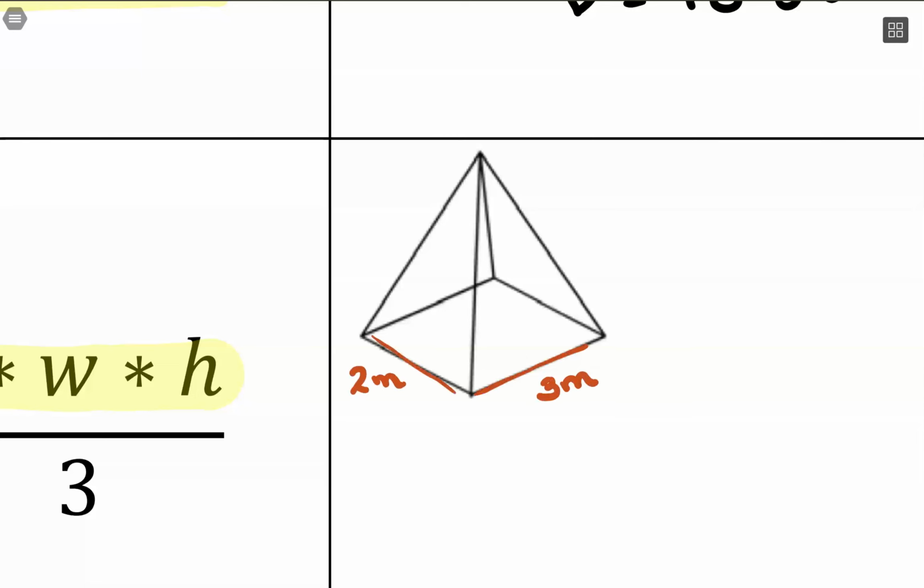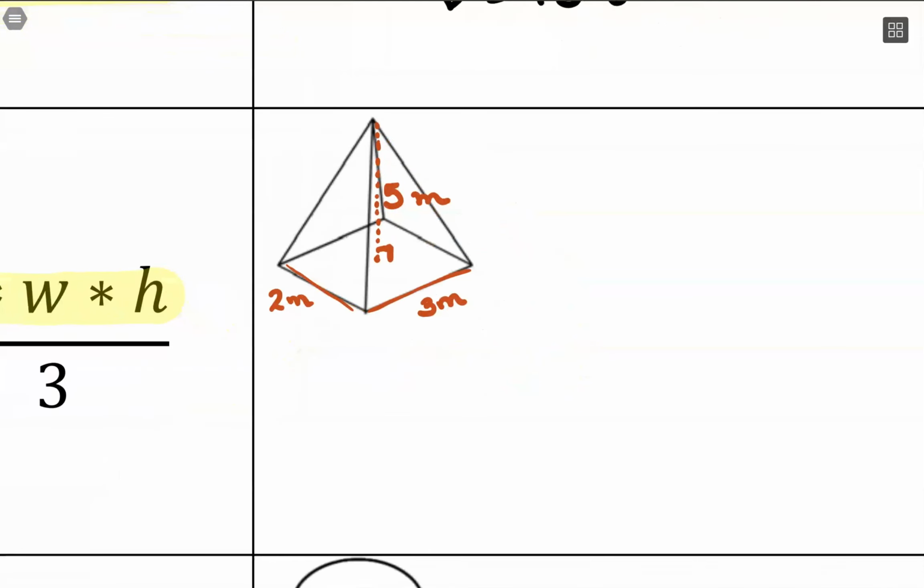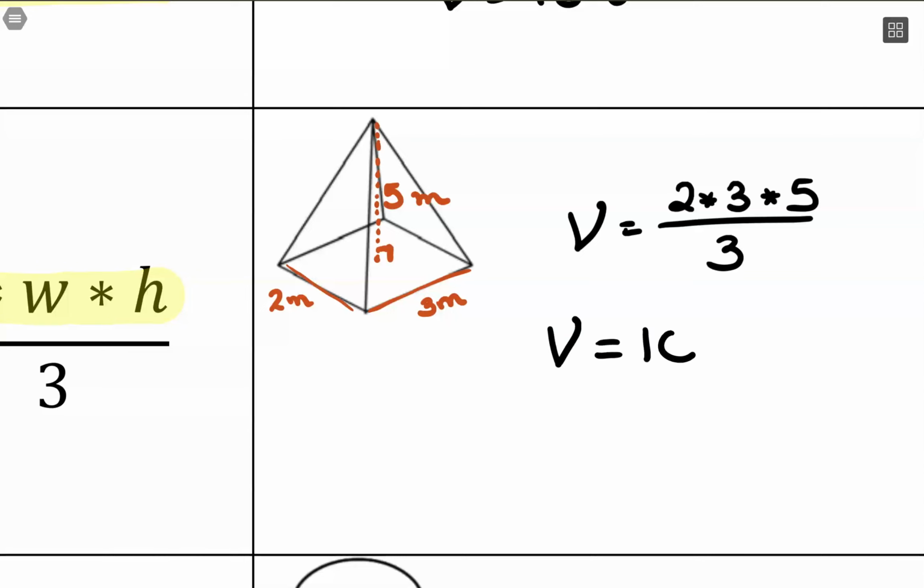So that's our base there. And then I'm going to drop this perpendicular down to the middle there to make a 90-degree. And I'll go ahead and say that's 5 meters. So for volume, we would take 2 times 3 times 5, and then since it's a pyramid, divide that by 3, which should be 10, and then our units are meters, and we'll cube those units.